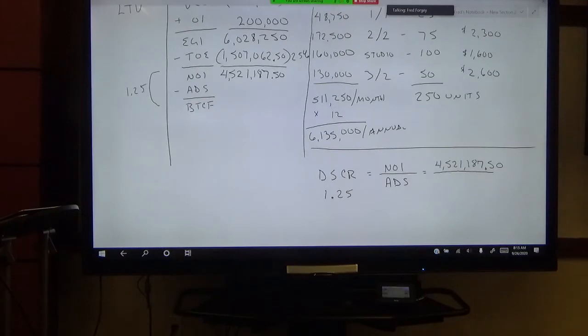So in this case, to now solve for the annual debt service, you're going to simply take the 4,521,187.50 divided by 1.25, and that's going to give you 3,616,950.